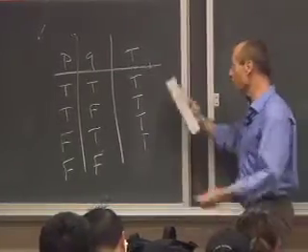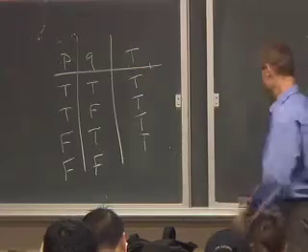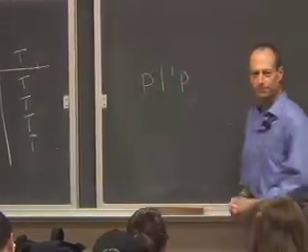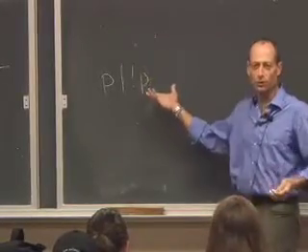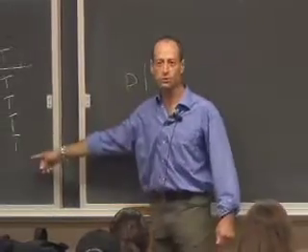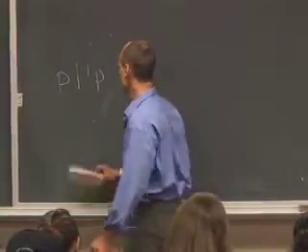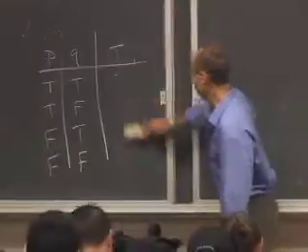There are many things that are logically equivalent to that. So, for example, P or not P. That's always true. That's an example of something that has this truth table. All right, how about a harder one?